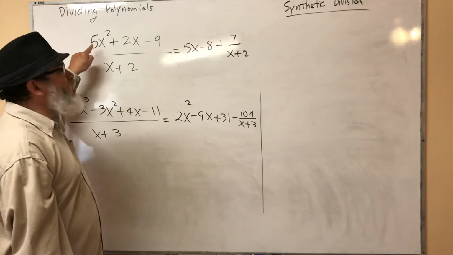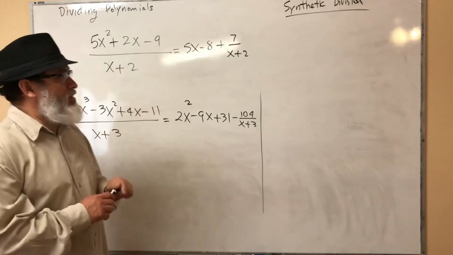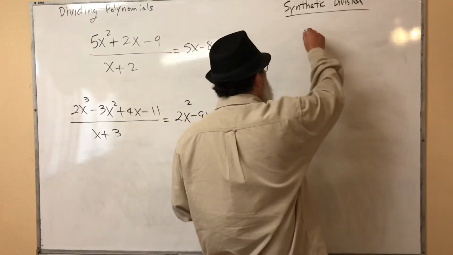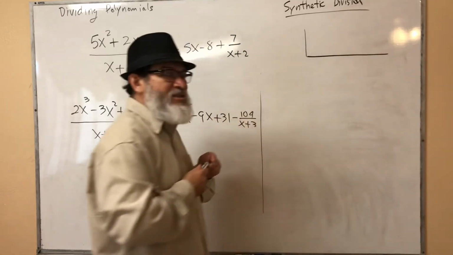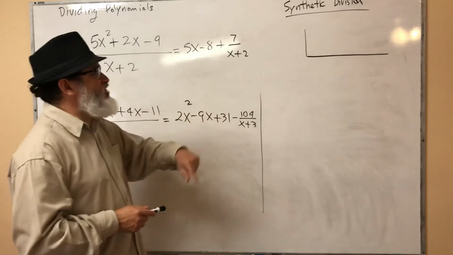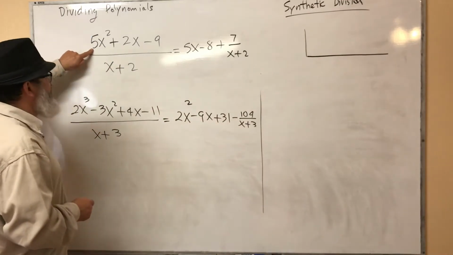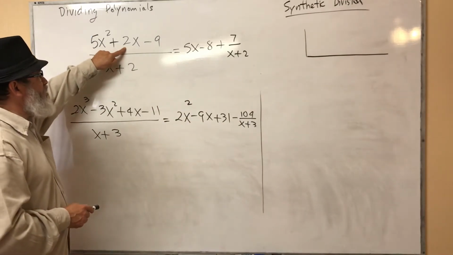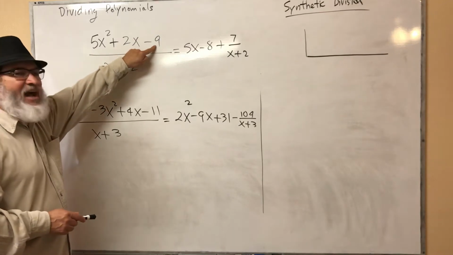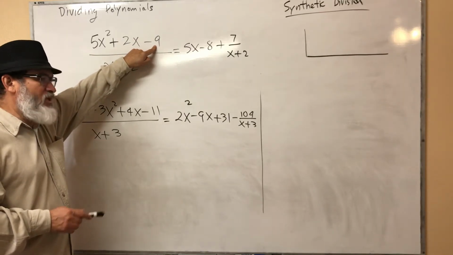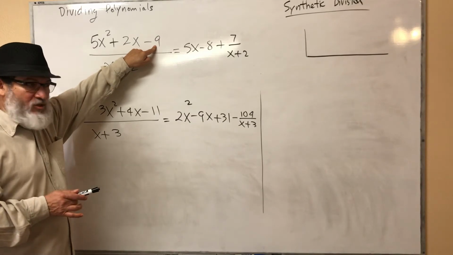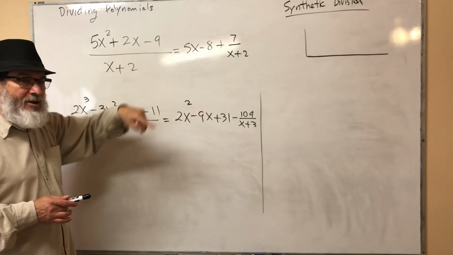Okay? For synthetic division, here's what we do. We take the coefficients of the numerator. Take the coefficients. This 5 is a coefficient. This 2 is a coefficient. This negative 9 is a coefficient. We write them there.